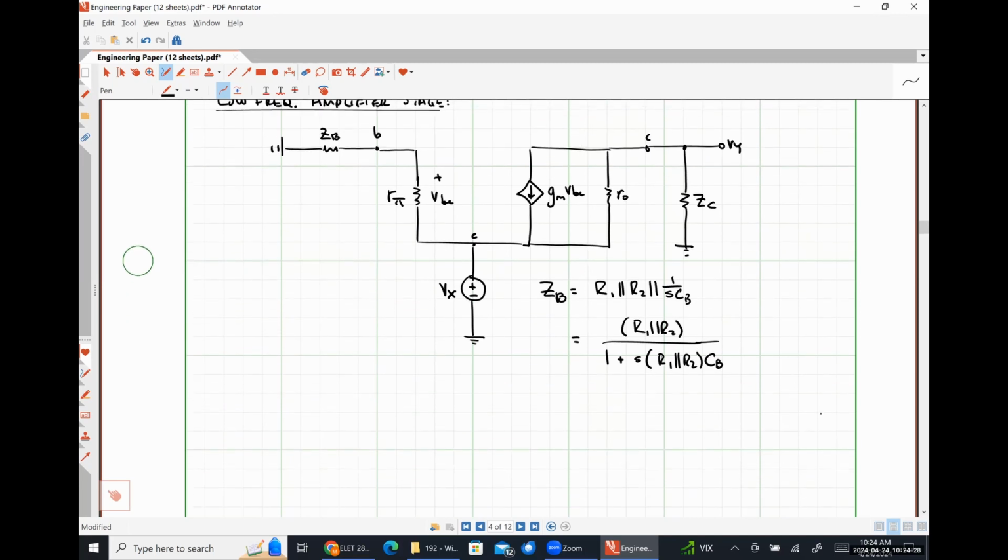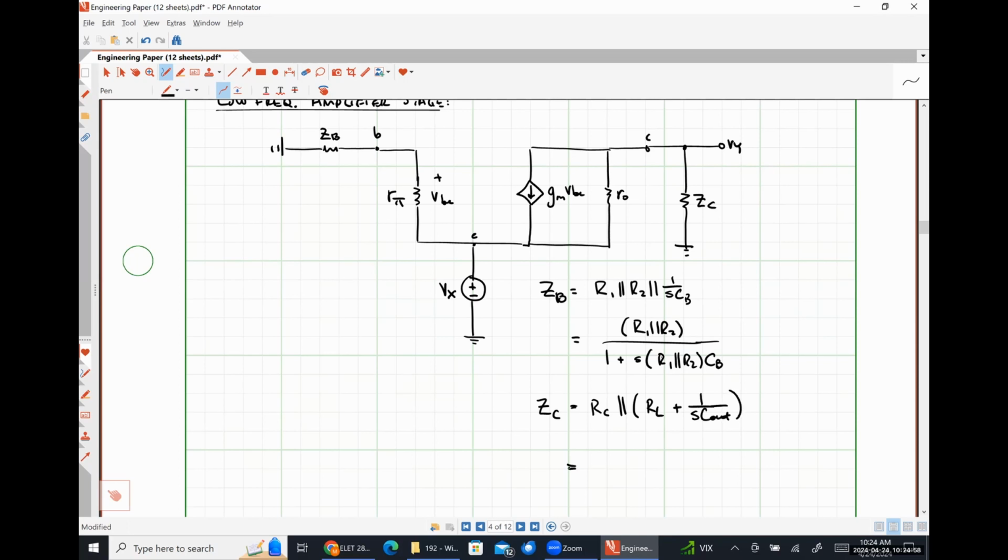What's ZC going to look like? Literally the exact same thing that we saw in our common emitter amplifier. RC in parallel with the series combination of that output capacitor and RL, right? So RC in parallel with RL plus 1 over SC out.